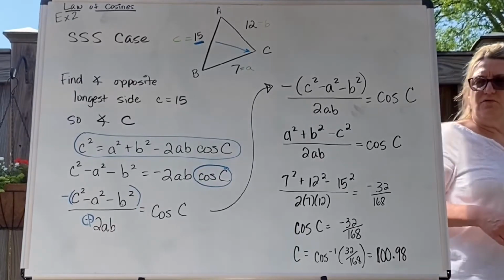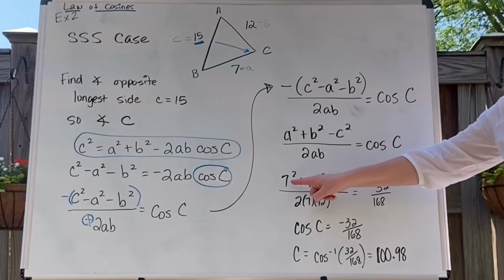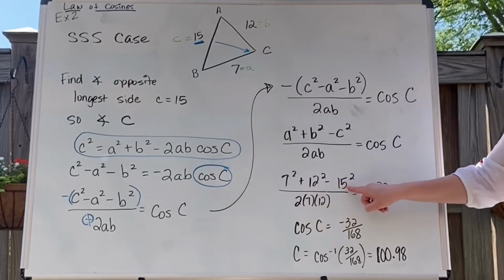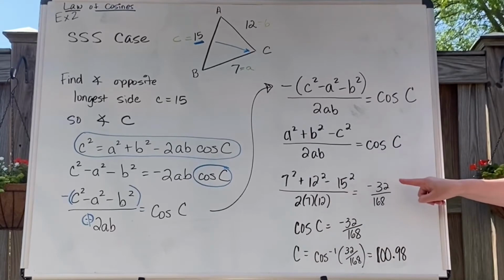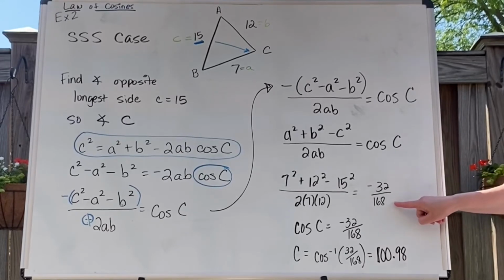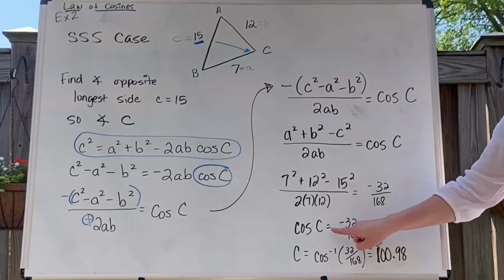So I said, okay, let me go plug in little a, little b, and little c, and I compute this arithmetic. If you do that in your calculator, which you need to do right now, make sure that you can get -32 over 168. These are the side length ratios, and I need the angle.